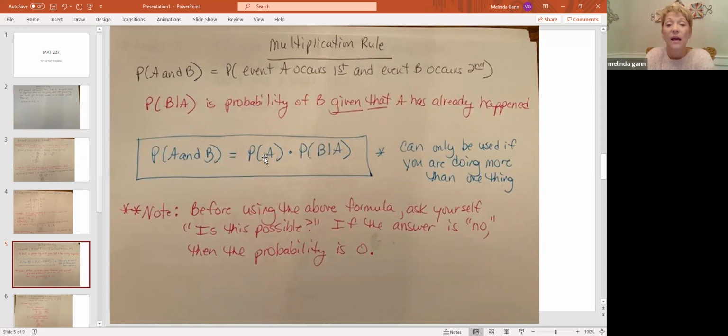Now, here's the catch. Before you grab this and formula, I need you to ask yourself, is this possible? Because if the answer to that is no, you do not use that formula. If the answer is no, the probability is 0, because when something is not possible, its probability is 0. Now, I'm going to let you do something that may not be a good idea, but we'll see.